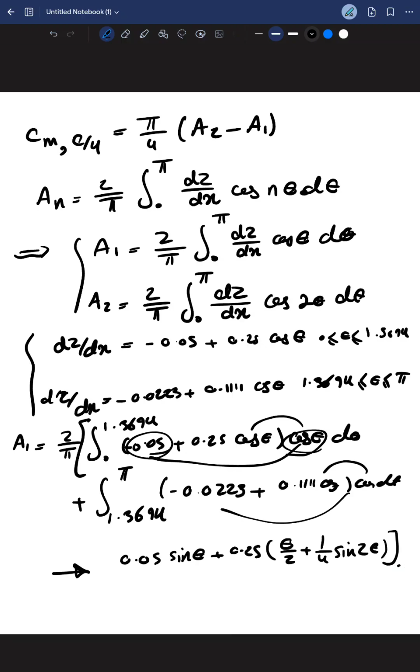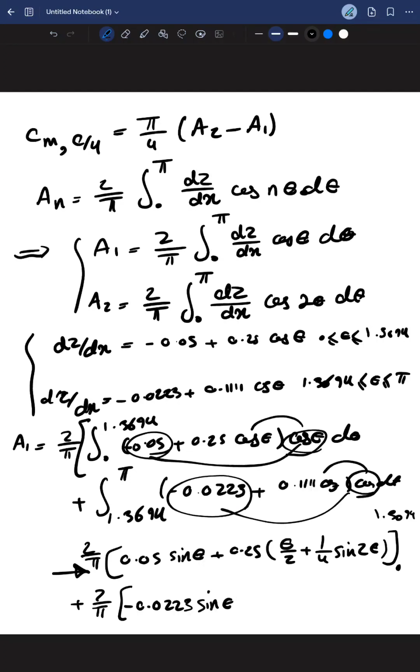This goes from 0 to 1.3694, all multiplied by 2 over pi, plus 2 over pi for the second one, which is negative 0.2022 sine of theta.